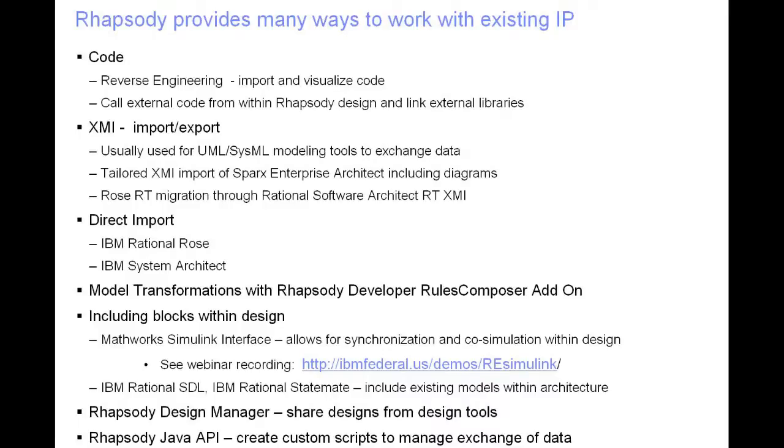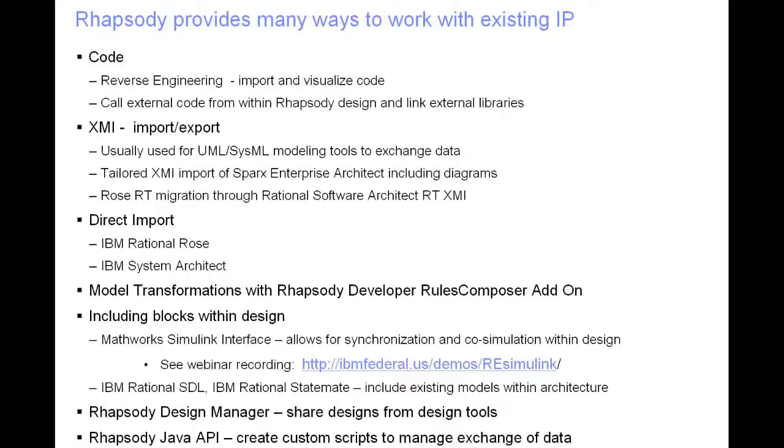You have existing code, and we can bring in that existing code. Why do I mention this in a model reuse webinar? Well, a lot of modeling tools actually generate code. So one way of bringing in model data is to generate code from those other tools and then reverse engineer that code. This is a good technique that you can use to bring in a lot of data as well.